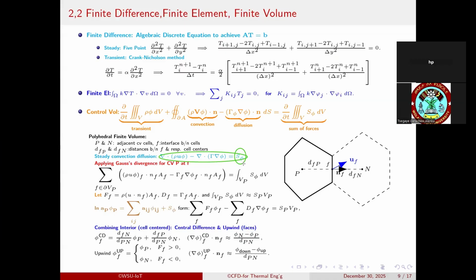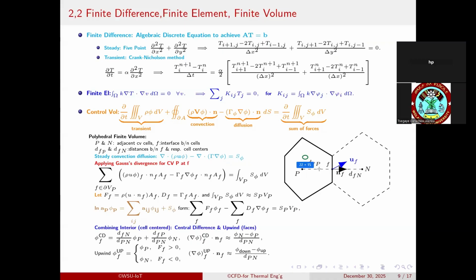Here, on the right-hand side, P and N are adjacent boxes for control volumes, and F is an interface. The distances between these interfaces and respective cell centers are given by DFB and DFN.